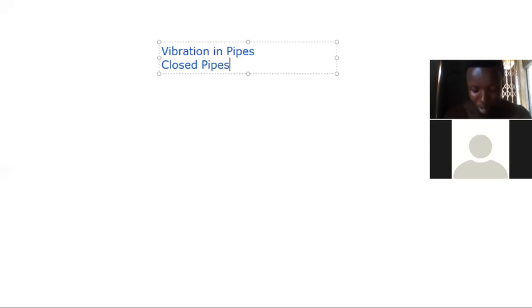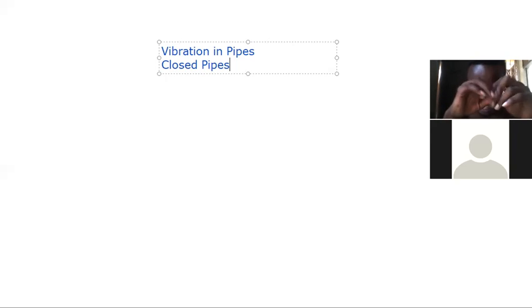So that's how the closed pipe in this case will be. When air is blown, like if you have a trumpet, we are talking about air here. When air is blown into the pipe from the open end, a stationary wave is set up.